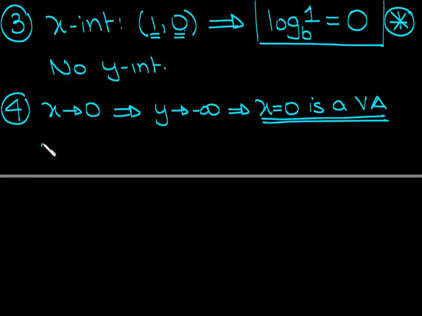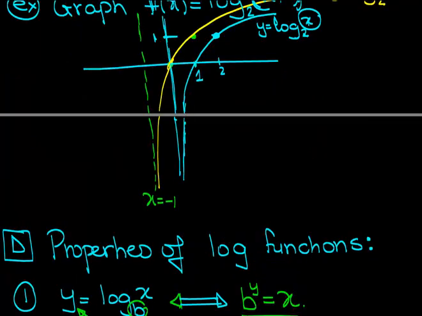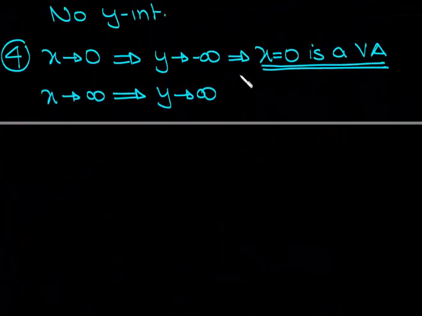And as x goes to infinite, y goes to infinite. You can see that from the graph here. As x is getting bigger, as x is going to infinite, what is happening to the y values? They are also going to go to infinite, but they're going to go to infinite very, very slowly.